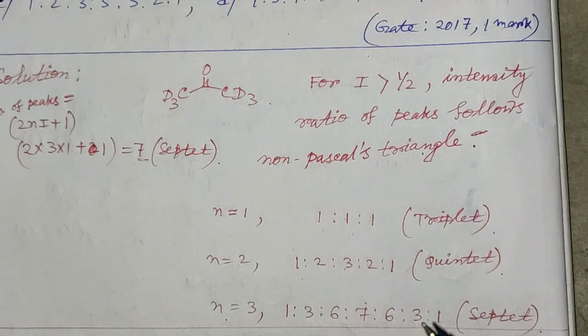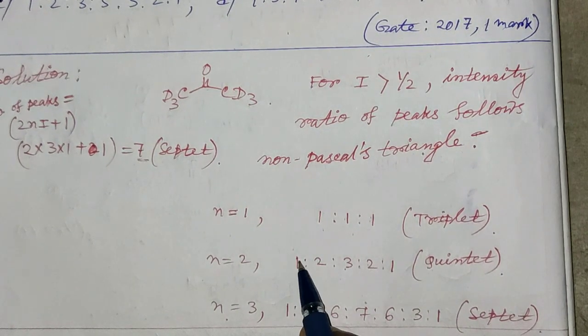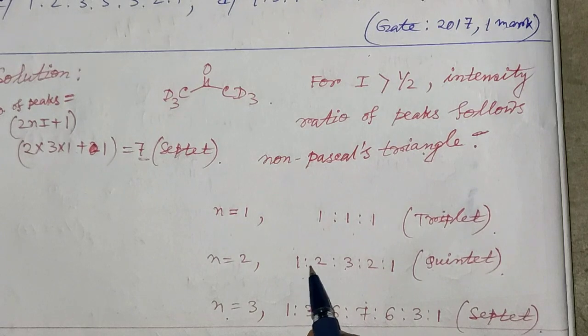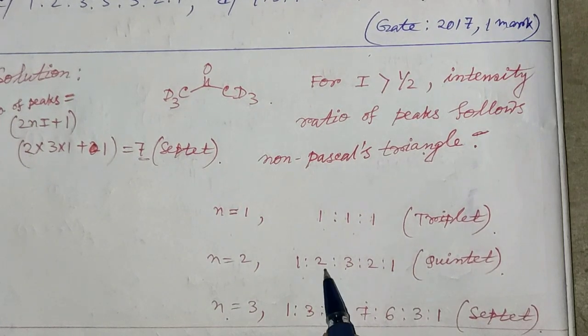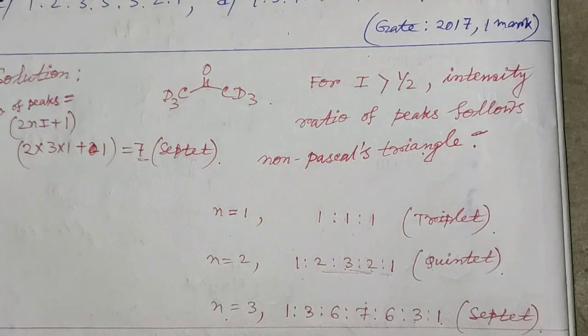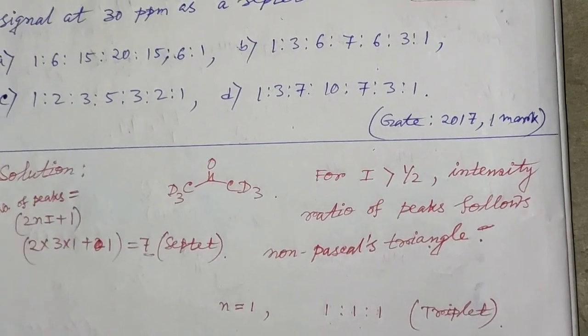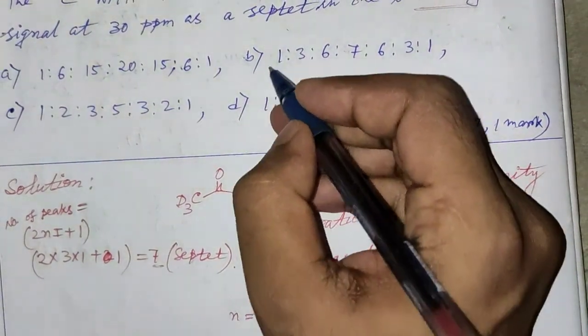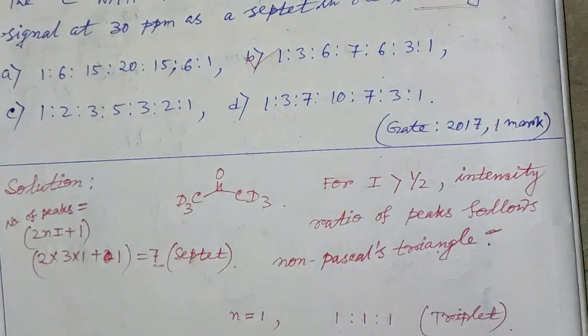For the septet peak we can calculate like this: 1 is written here, we add the first 2 data, it is 3, then these 3 data, it will be 6, then we add these 3 data, that is 7, and then similarly we go like this, 6, 3, 1. So the answer is option B. Is it clear?